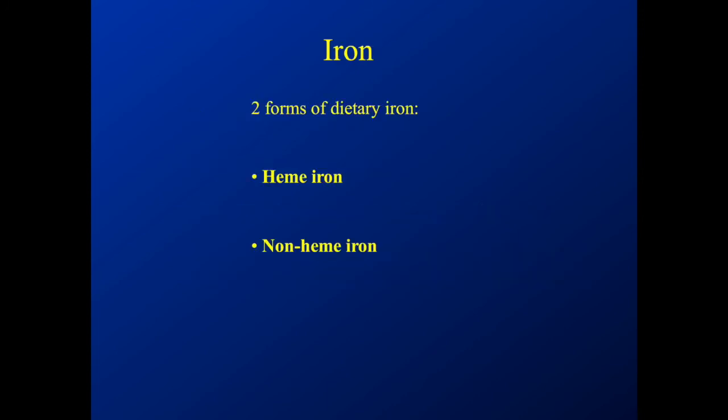So there are two forms of iron in your diet. You have the heme iron, so hemoglobin, myoglobin, these cytochrome oxidase complexes, they are all iron bound to heme molecules, but you can also take non-heme iron in, and these are dealt with in different ways.